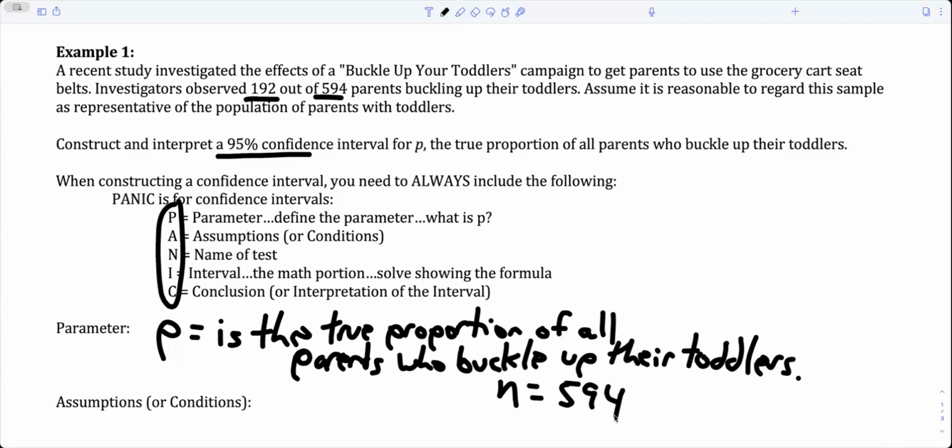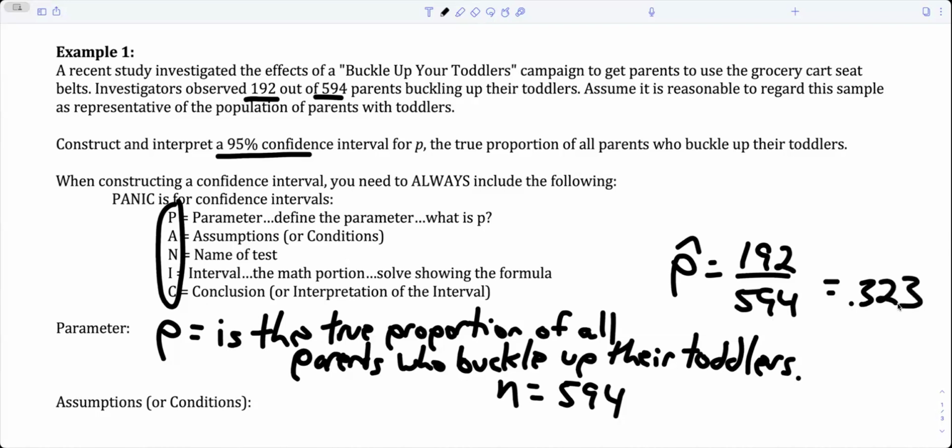It says 192 out of 594, so I got 192 divided by 594. Take your calculator and find that proportion, and I got 0.323.